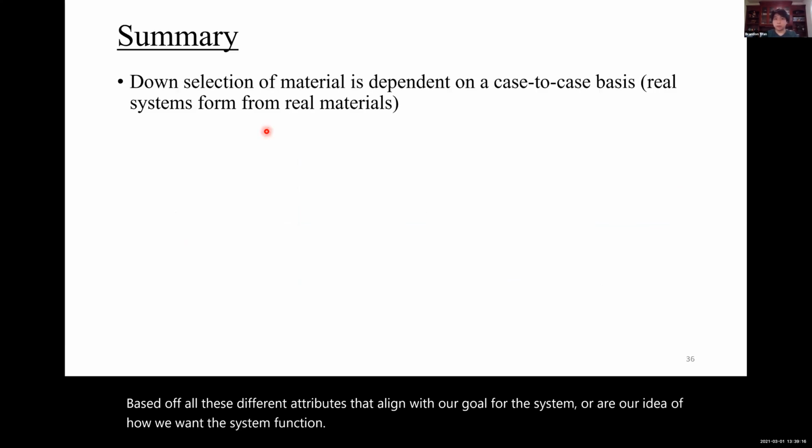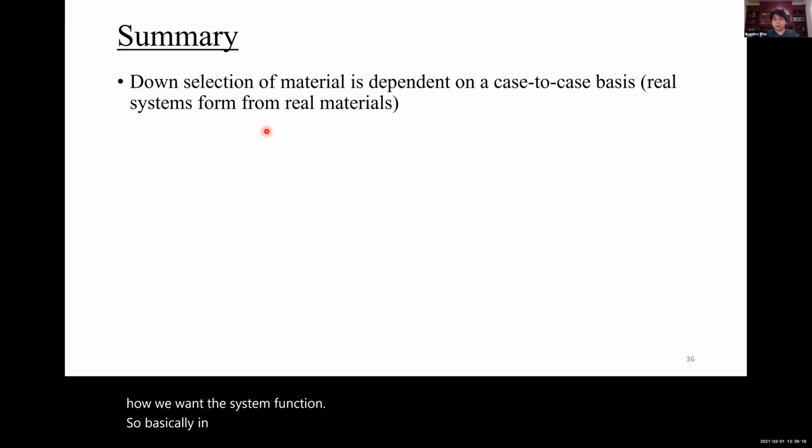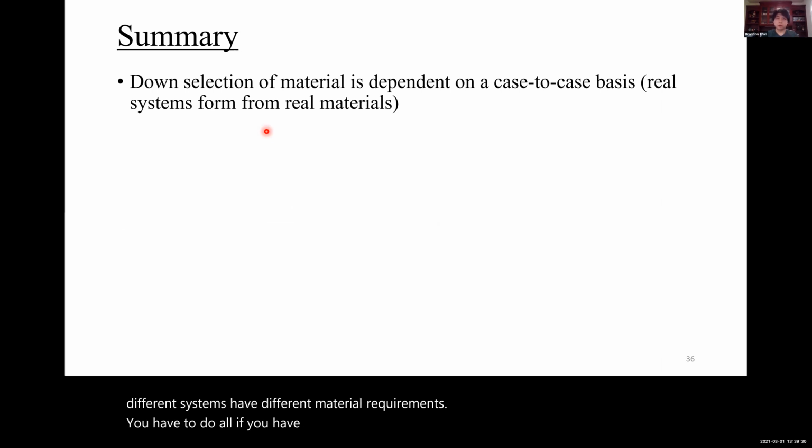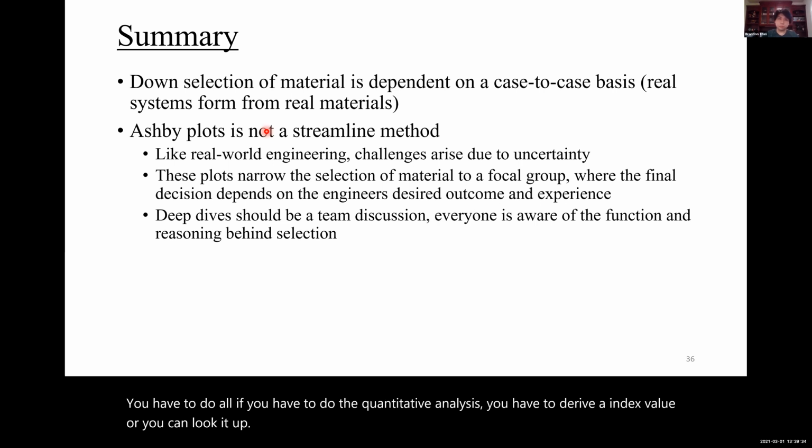So basically, in summary, down selection is a case-by-case basis. Different functions and different systems have different material requirements. If you have to do a quantitative analysis, you have to derive an index value, or you can look it up.